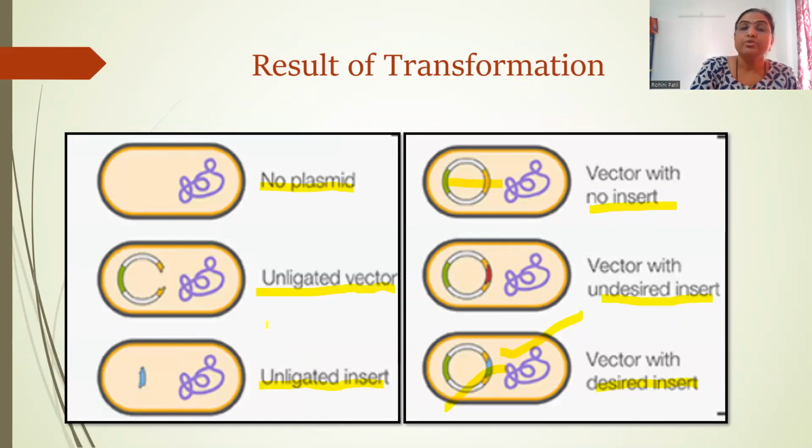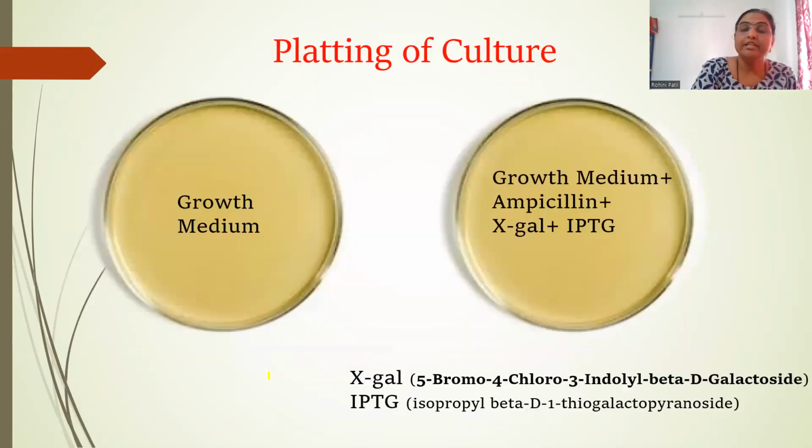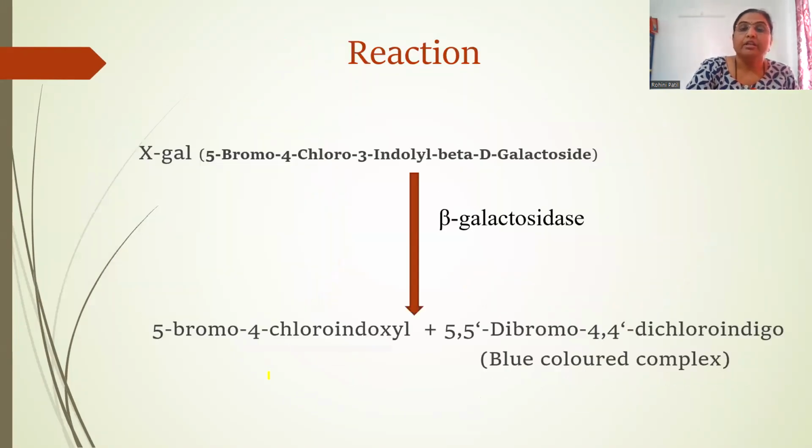So what will happen? They don't have any ampicillin resistance gene. As there is no ampicillin resistance gene, they are unable to grow on the growth medium containing ampicillin.